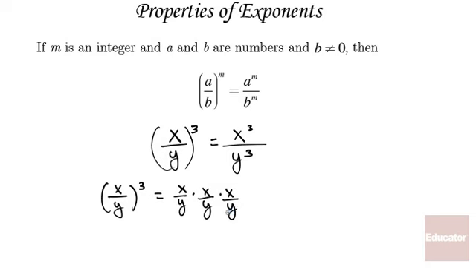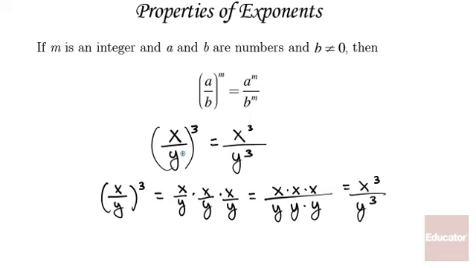So that's 3 times. Writing this a slightly different way, it's x times x times x over y times y times y, which is x cubed over y cubed. Again, another rule that makes sense. These two are really equivalent. You end up with something equivalent, but by knowing the rule, I can just go straight from this to this.